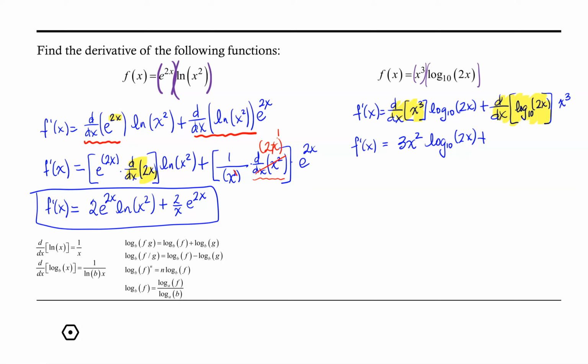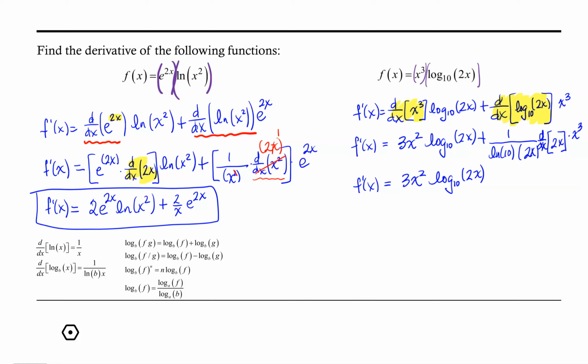Well, the derivative of log in any other base than e is 1 over the natural log of that base times the argument of that log function times the derivative of that argument, which is in this case 2x, all of that times x cubed. So f prime of x is equal to 3x squared log base 10 of 2x.